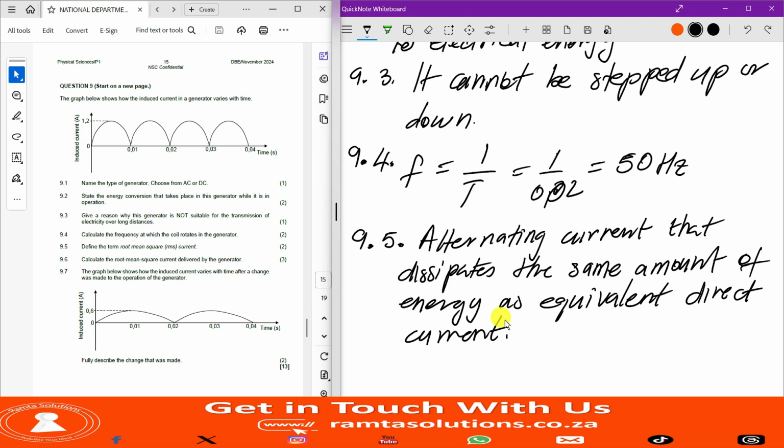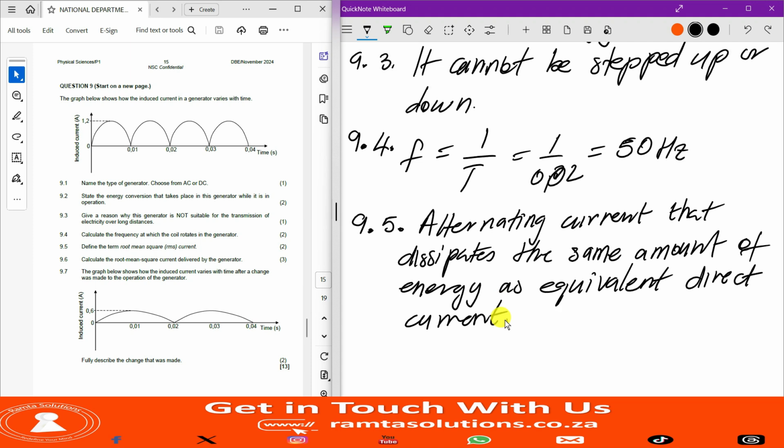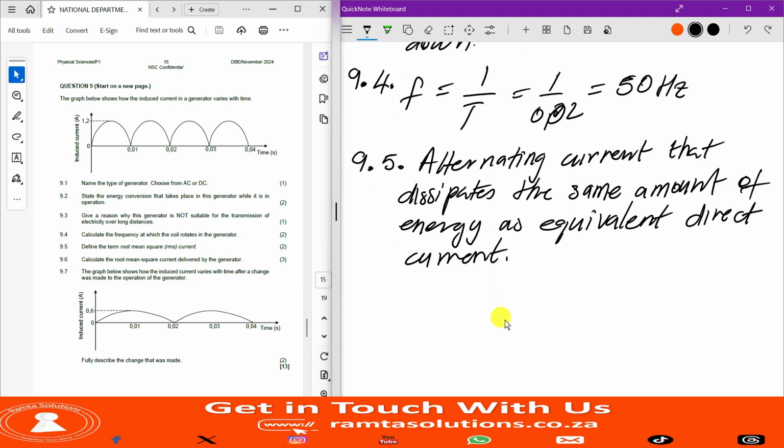So we are on the 6th minute, approaching the 7th minute. We are on track. So this is root mean square current: alternating current that dissipates the same amount of energy as the equivalent direct current.